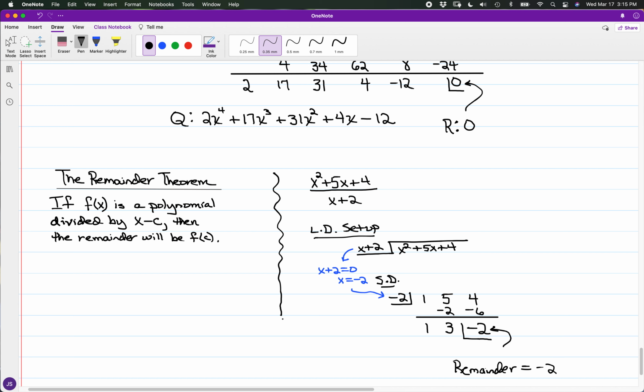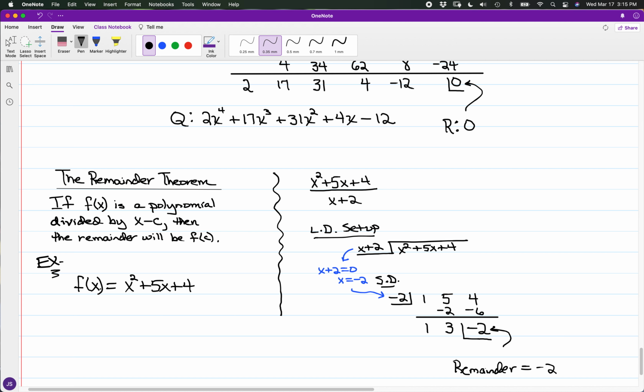Now if I take just these components and put this in terms of the remainder theorem, we have f of x is equal to x squared plus 5x plus 4.